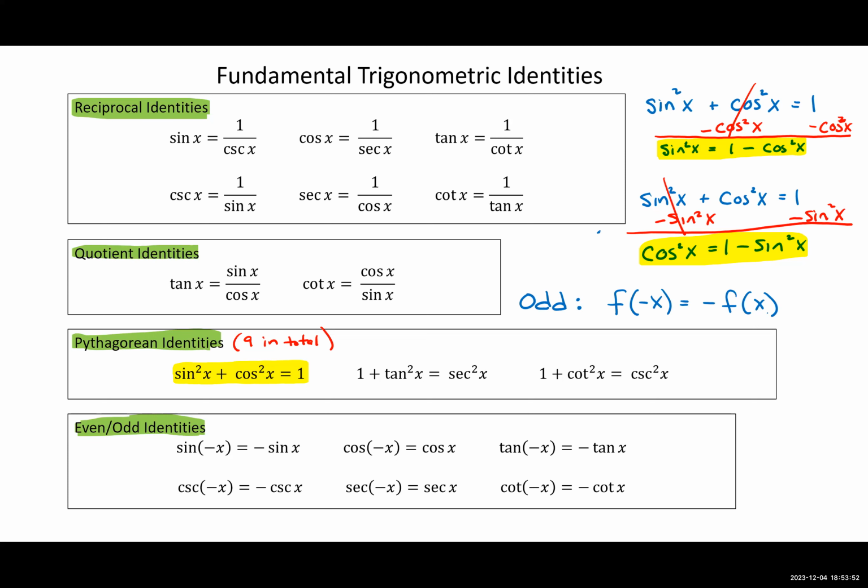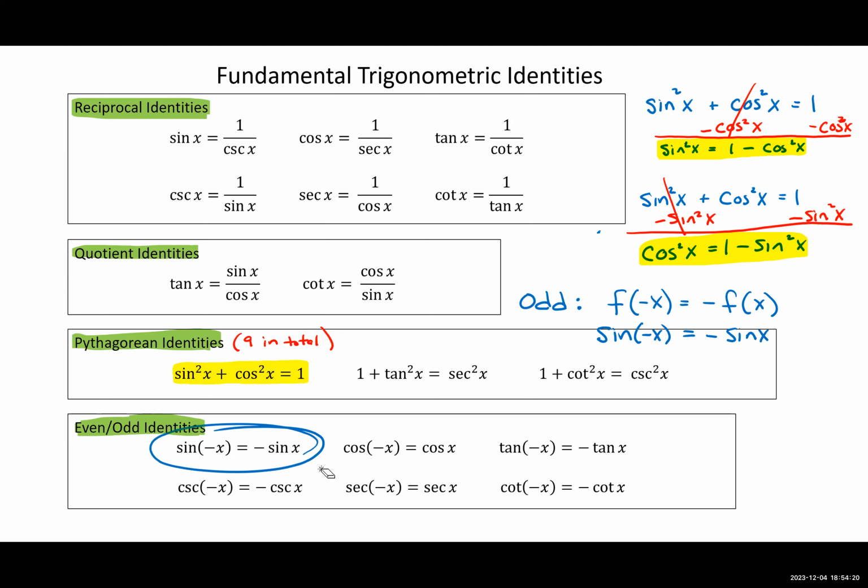Then we talked about the sine function, and the graph of the sine function, and we saw that it looked like it was symmetric to the origin, which meant the function was odd. And so once we know sine is an odd function, f of negative x, that would be sine of negative x, is equal to negative f of x, negative sine of x. So that's this first one.